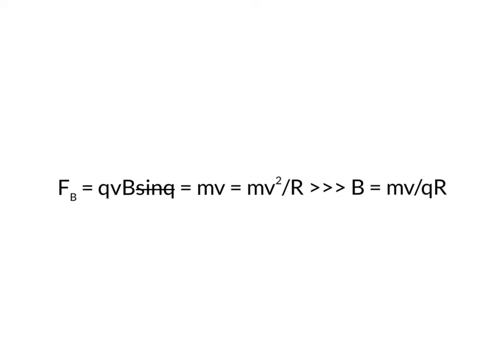So the force on a charge moving through a magnetic field is QV cross B, or QVB sine theta. So when the charge enters the field, it's subject to this force, and its motion will be governed by Newton's second law, the mass times the acceleration. Oops, that's an error. That should be acceleration. Let me stop.